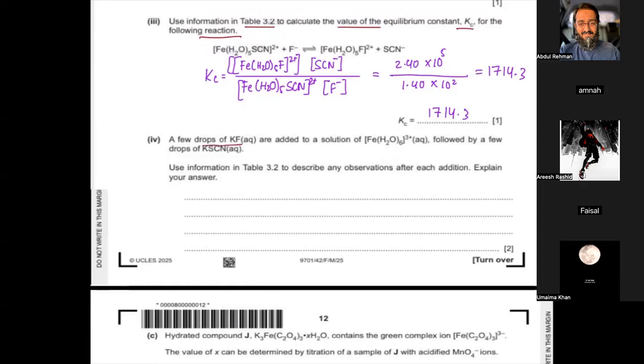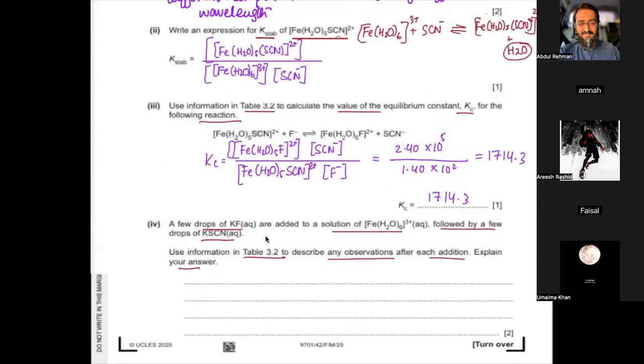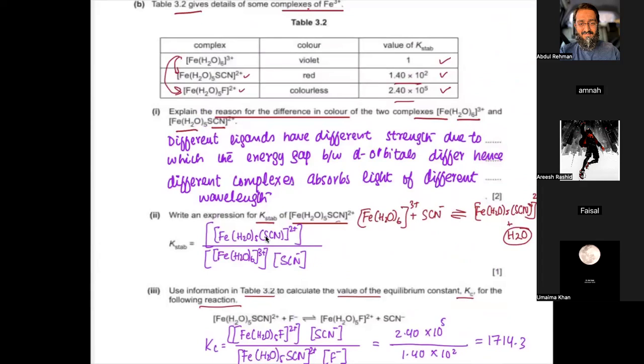Part 4. A few drops of KF are added to a solution of hexaaqua iron 3 positive complex, followed by a few drops of KSCN. With information in table 3.2, describe any observation after each addition, explain your answer. Okay, so for that, if you see, it's exponent 5 for the complex having fluoride, and for the complex having thiocyanate, it's exponent 2.